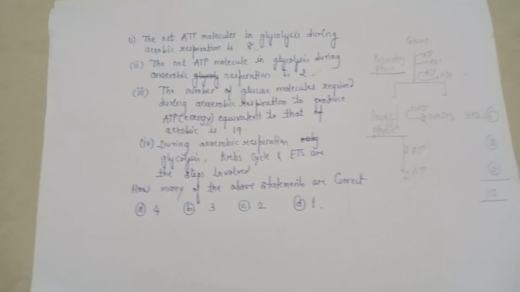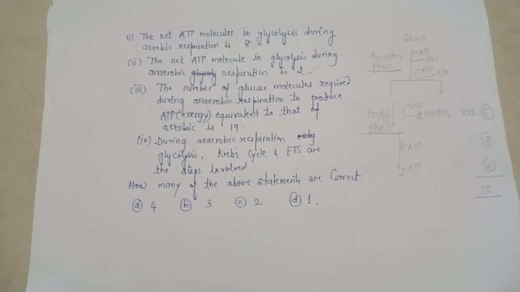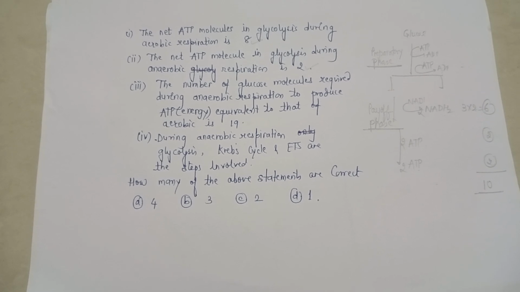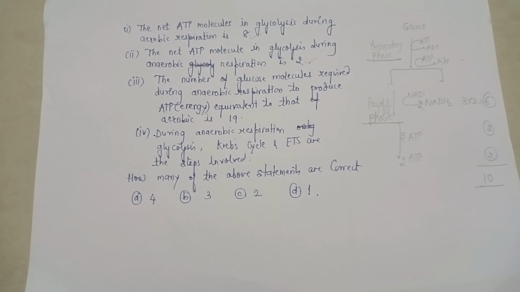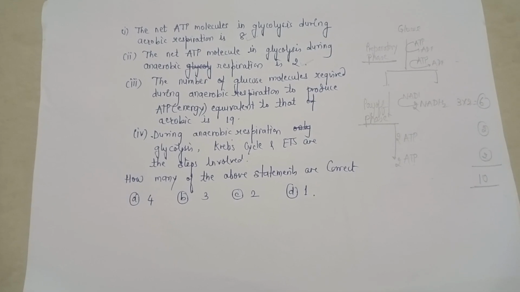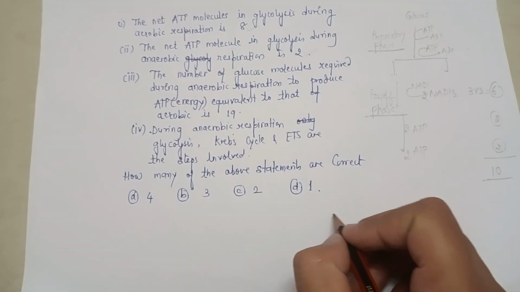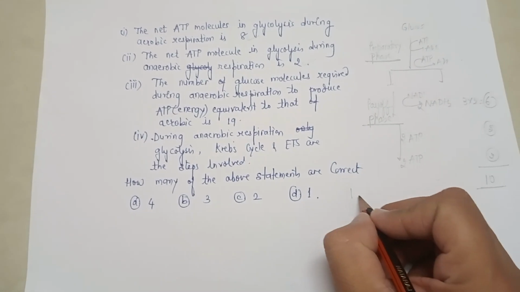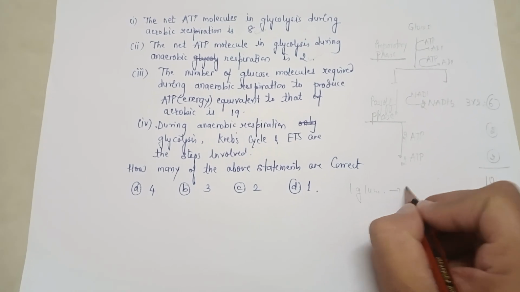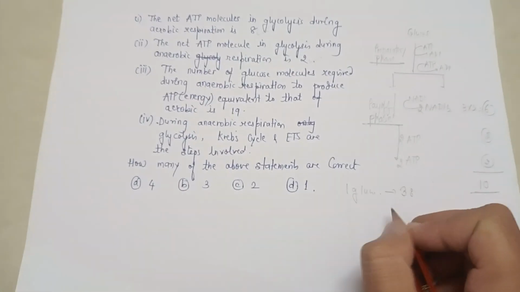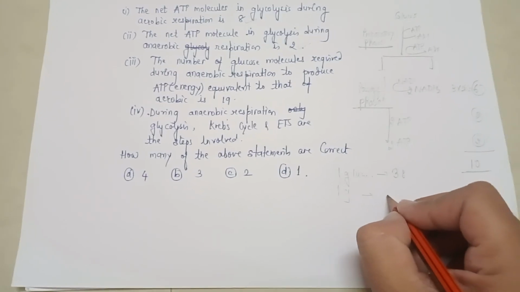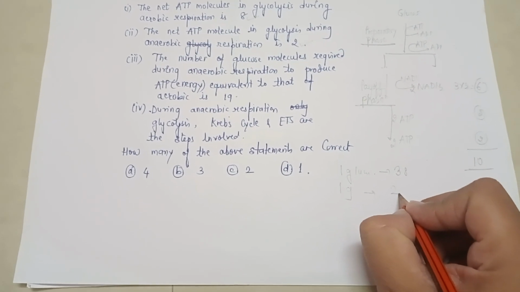Now if you look at the third statement, the number of glucose molecules required during anaerobic respiration to produce ATP equivalent to that of aerobic respiration. We know that one molecule of glucose during aerobic respiration produces 38 ATPs, and one molecule of glucose during anaerobic respiration produces 2 ATPs.